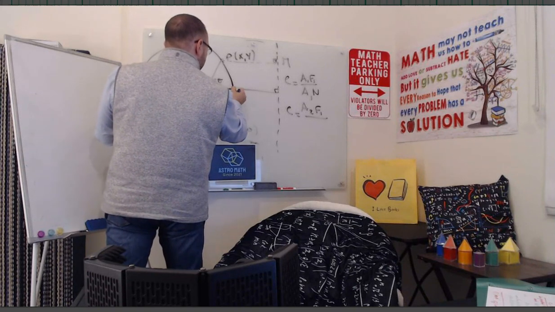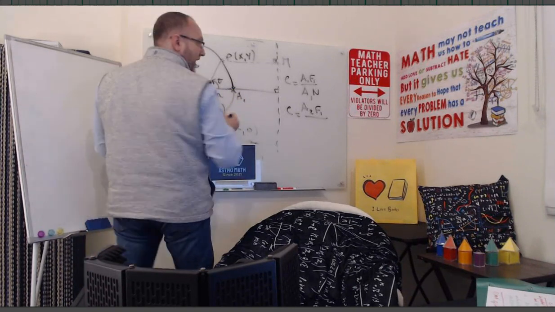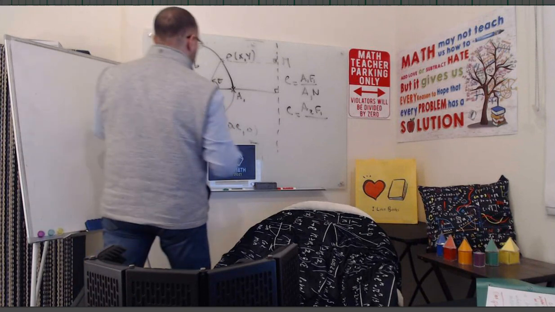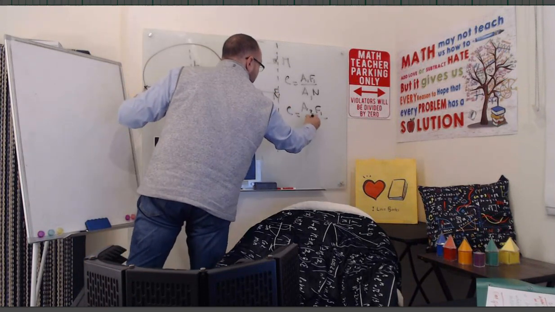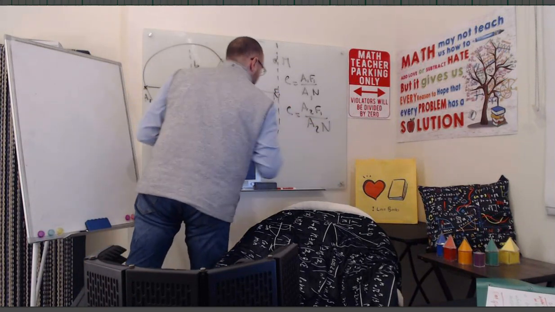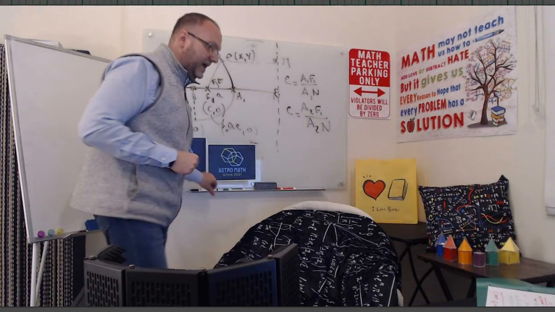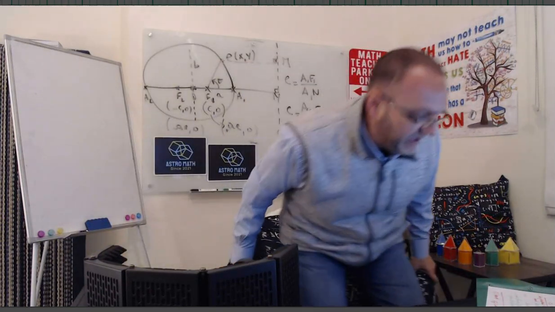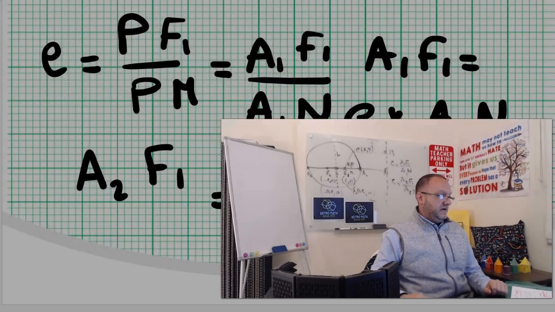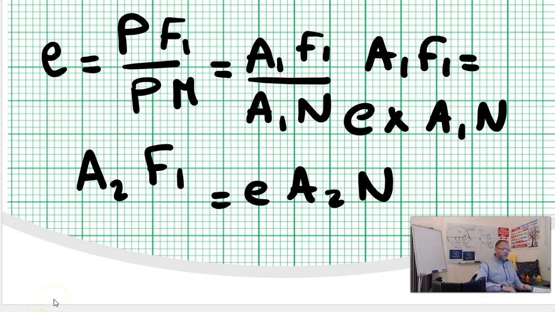If this is D1, the D2 is on the other side. So again, P is moving around, and when it's at A2, A2F1 equals e times A2N.